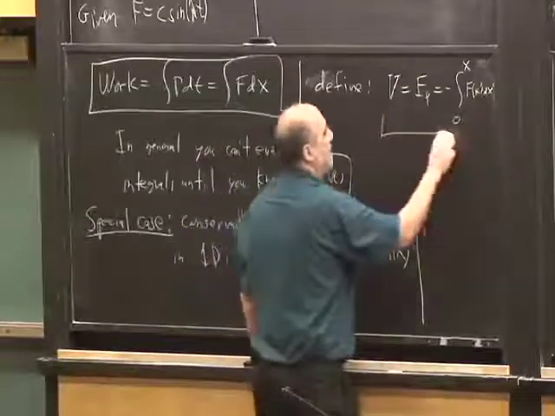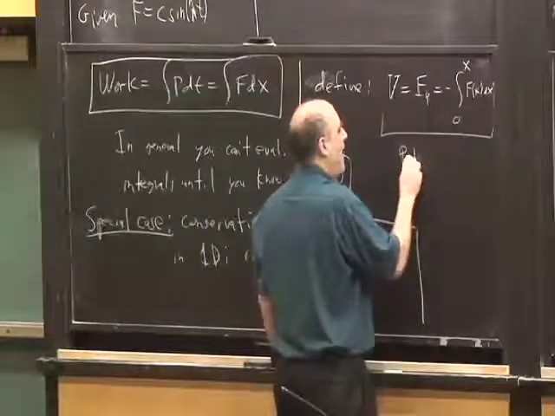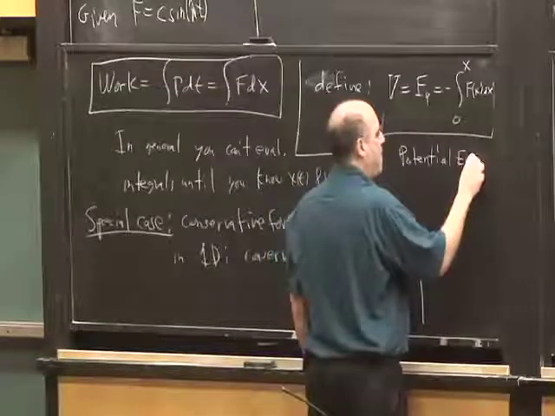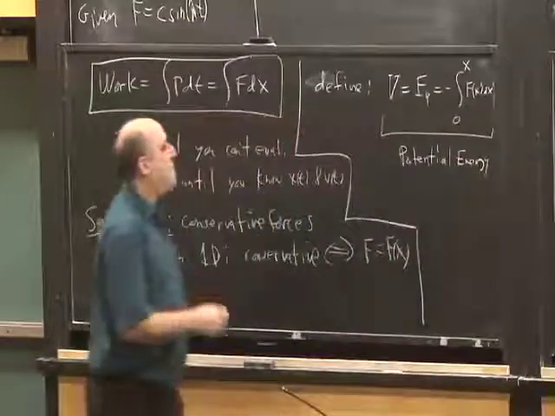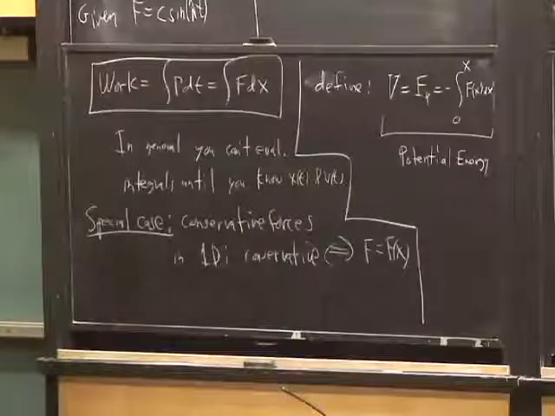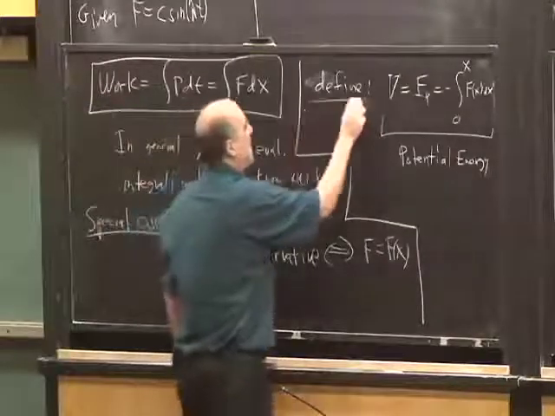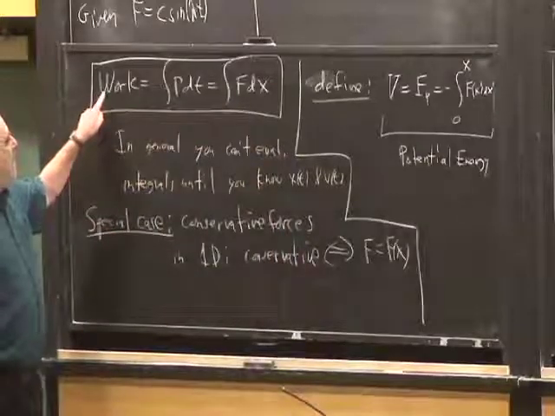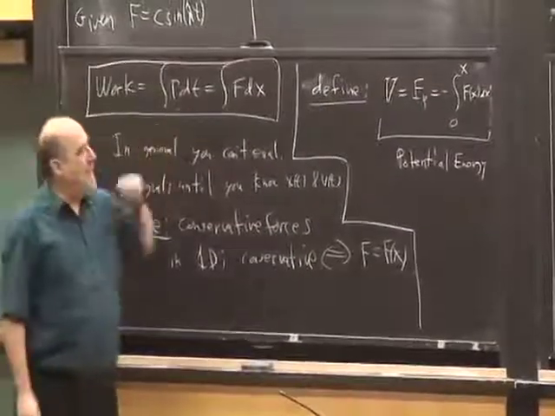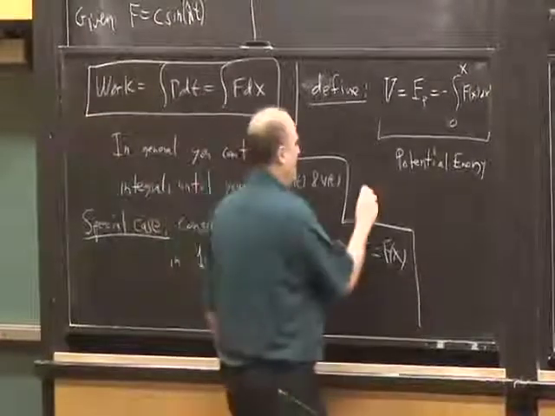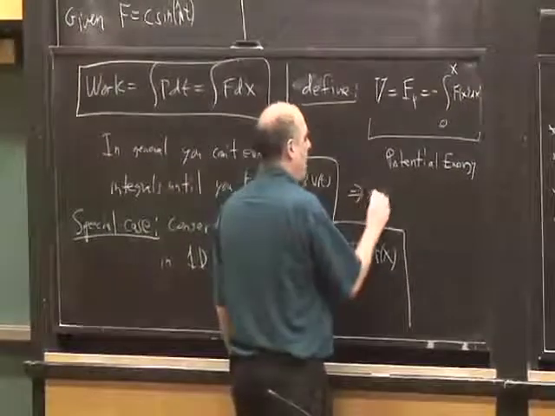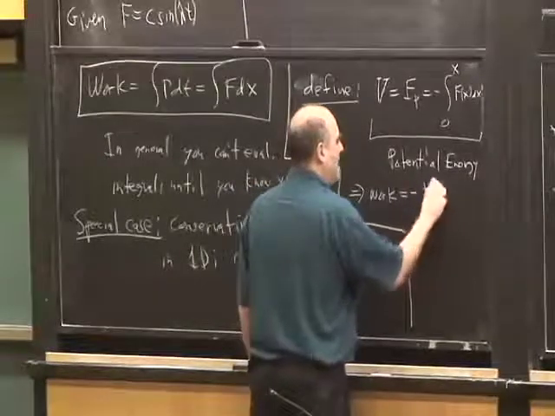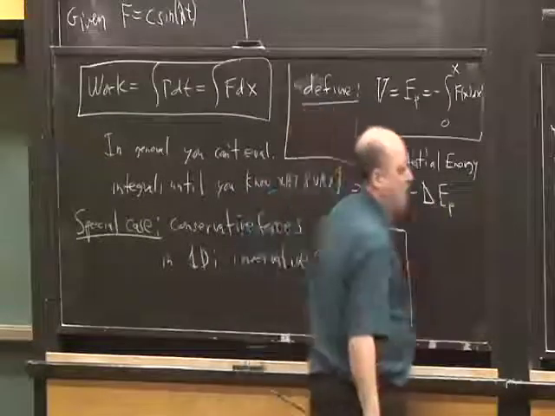And this thing we call the potential energy, and I'll tell you why it's called potential energy in a second. The reason it's called potential energy is because then this work is equal to minus the change in potential energy. So work is equal to minus the change in this thing called potential energy.